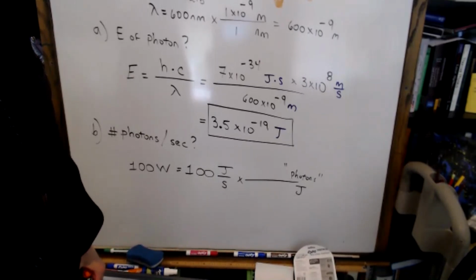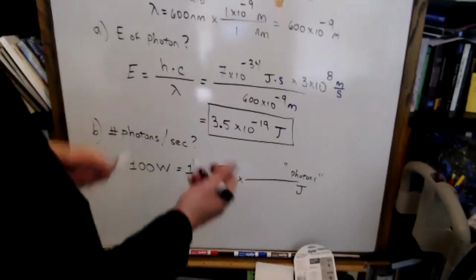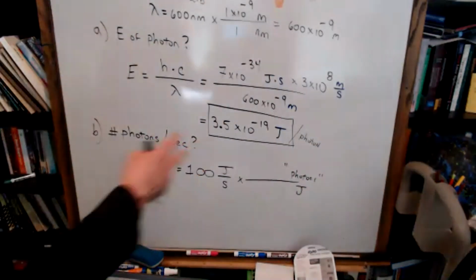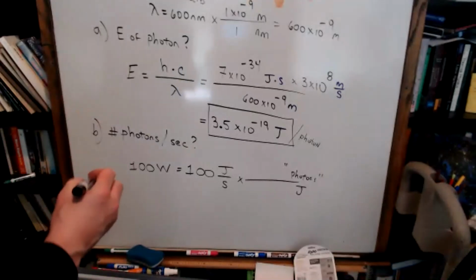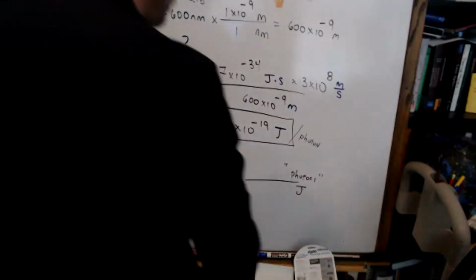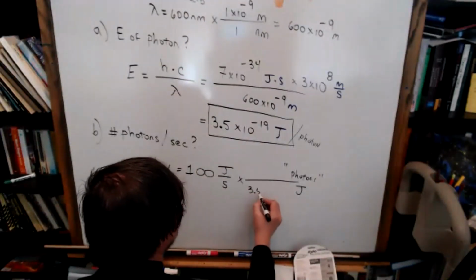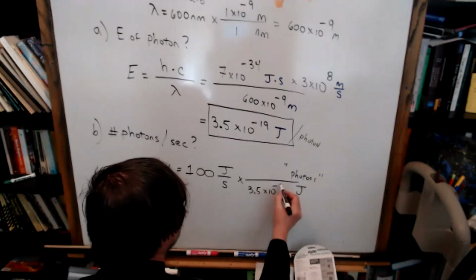No. Oh, it's 3.5 times 10 to the negative 19. Right, that's what you guys calculated earlier. You calculated the number of joules per one photon, right? Yeah. So tell me what numbers to put in here, Brandon. It would be 3.5 times 10 to the negative 19th on the bottom. Yep. And what goes on the top? 1 photon, right?